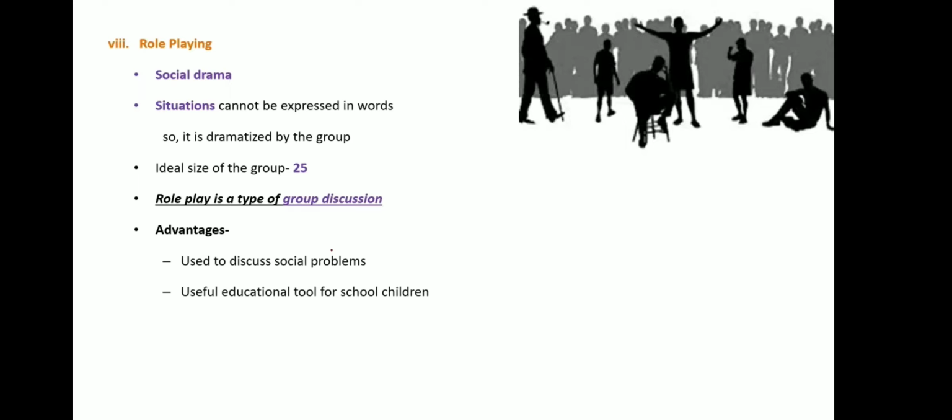When you demonstrate all such things in a role play, it will reach the audience. It will have a deeper touch on the audience, and they will sympathize and learn with the role play. So it has the advantage of discussing social problems, human relationships, and is also an educational tool for school children. Okay, this was regarding the role play.